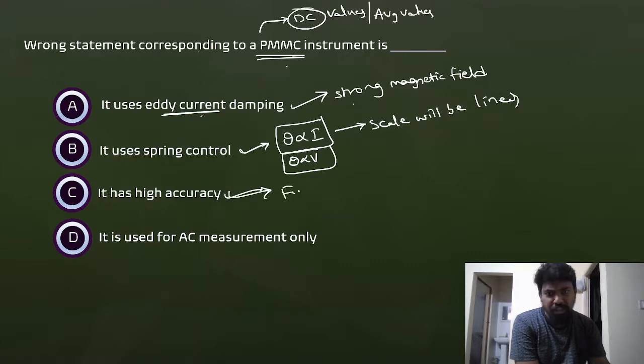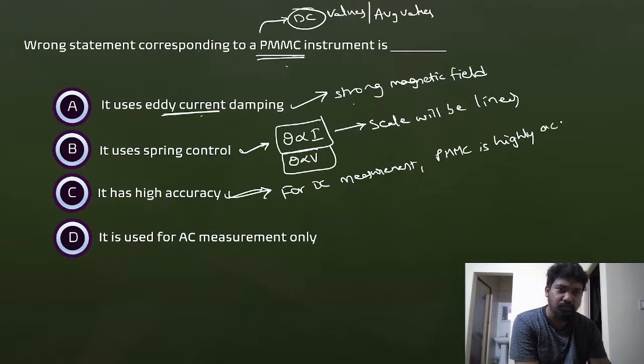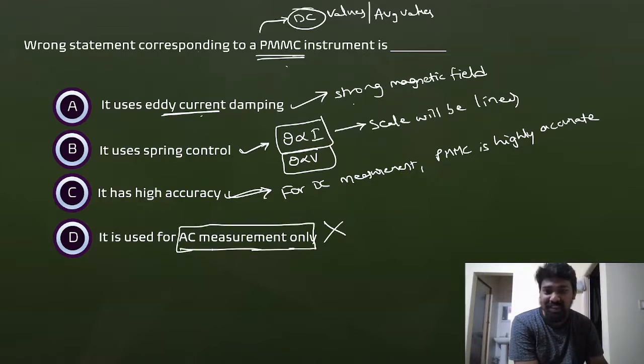For DC measurement, this is more accurate actually. PMMC is accurate. Last, it is used for AC measurement only, he is saying. But I already said it is used only for DC measurement or average value measurement.